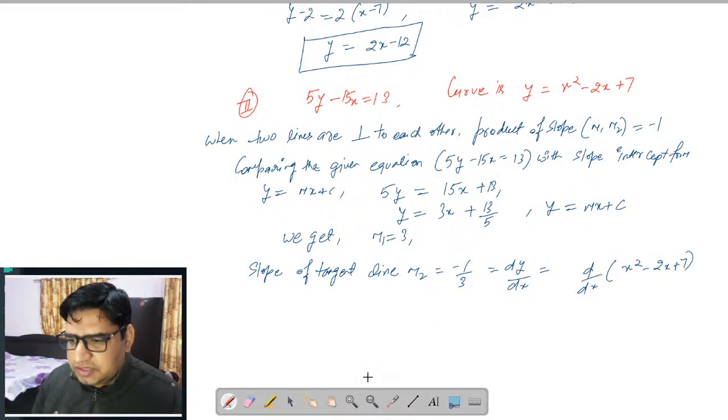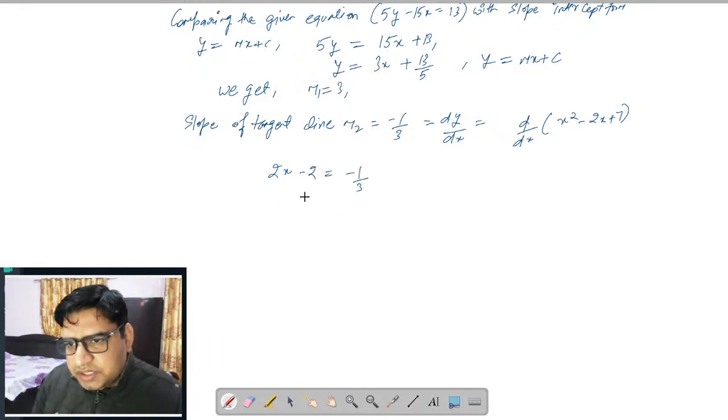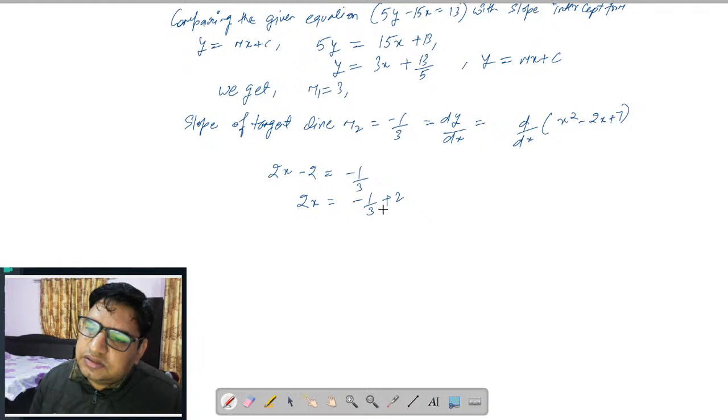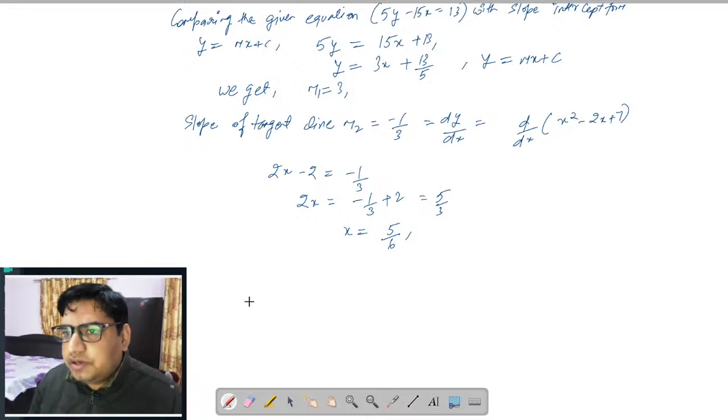So we'll simply use that, and we get 2x minus 2 is equal to -1/3. So 2x is equal to -1/3 plus 2. We'll solve that equation: 2 minus 1 by 3, 2 times 3 is 6, 6 minus 1 is 5/3. So 2x is equal to 5/3, and x is equal to 5/6 is the point.